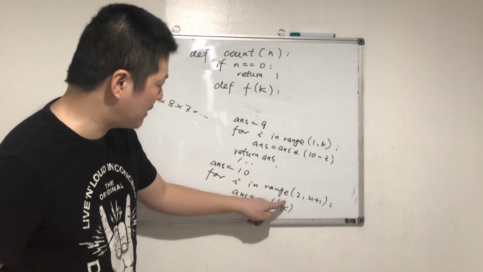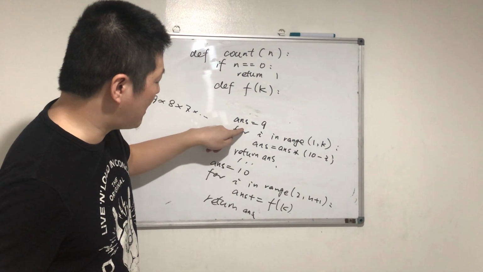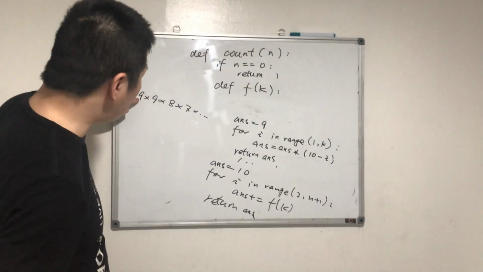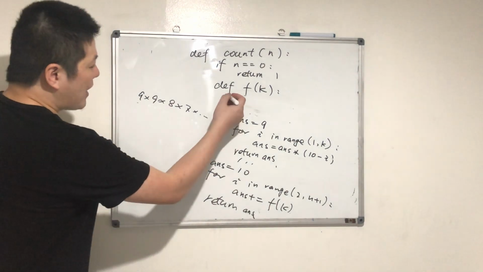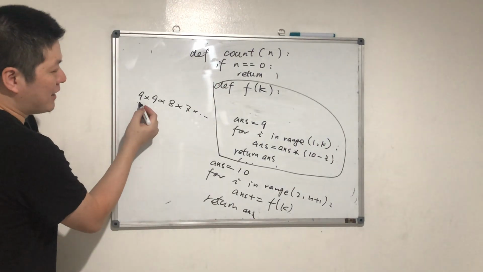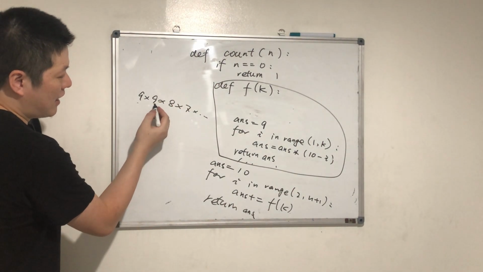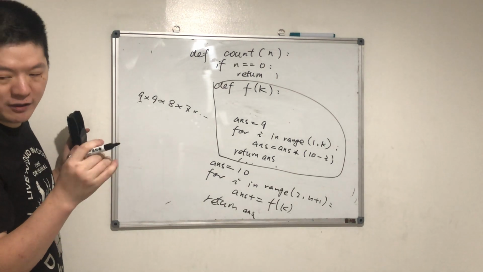F2, according to this, is 81, right? Look, this function: F1 equals 9.